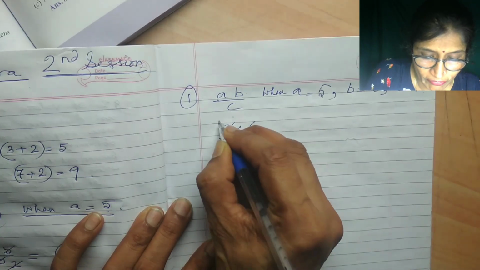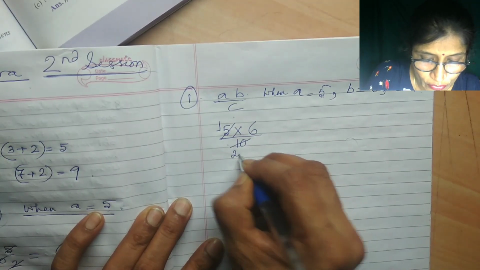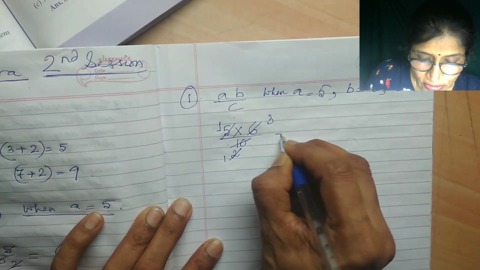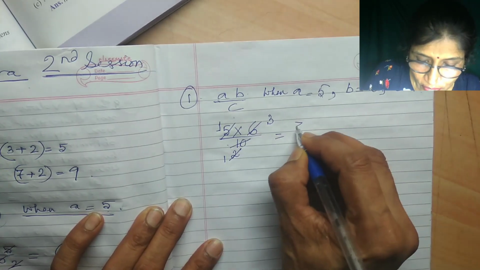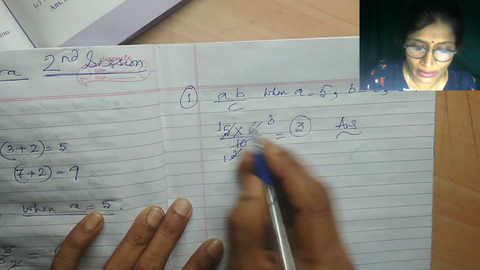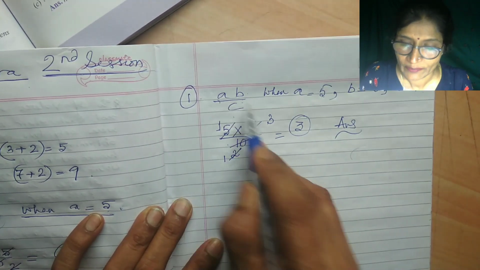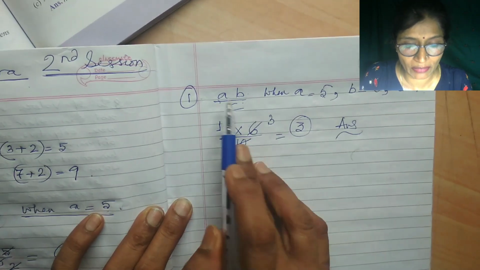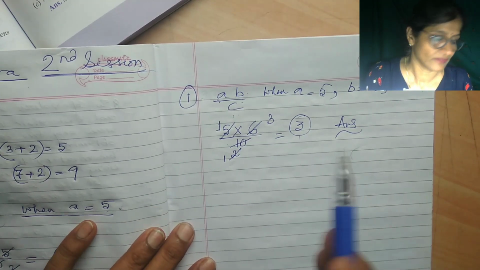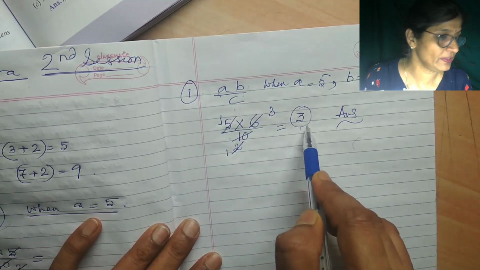So 5 1s are 5, 5 2s are 10. So 2 1s are 2, and 2 3s are 6. So this is equal to 3. So your answer will be 3. So when a is 5, b is 6 and c is 10, at that time ab divided by c will be 3.